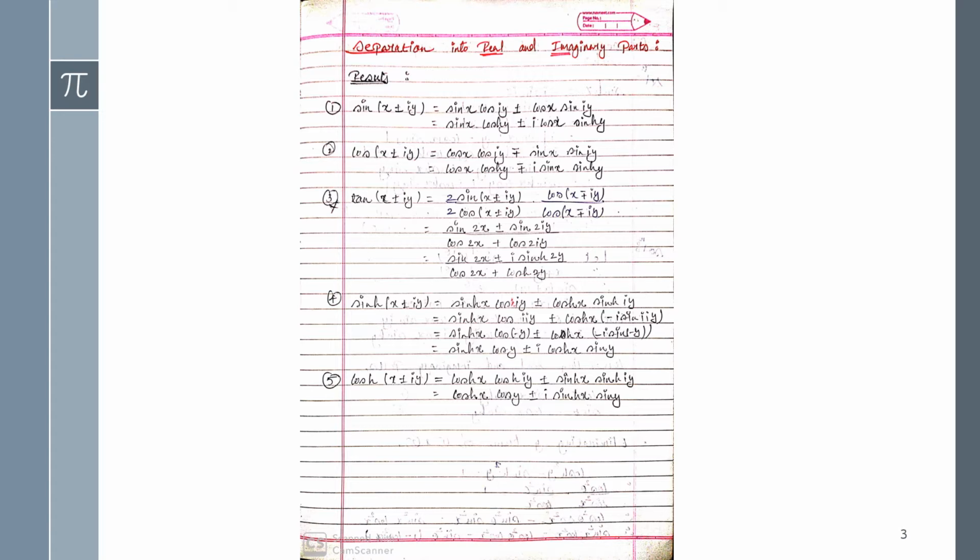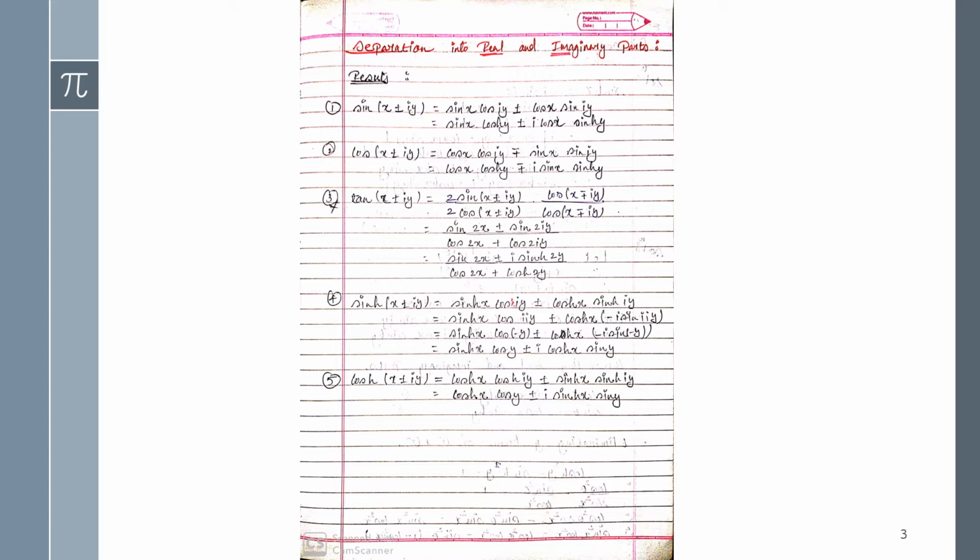See guys, it's actually not a new method. It's actually a sub-method of the circular and the hyperbolic functions, because whatever equations we have used there, similar equations we are going to convert here. So this one is not a new method.